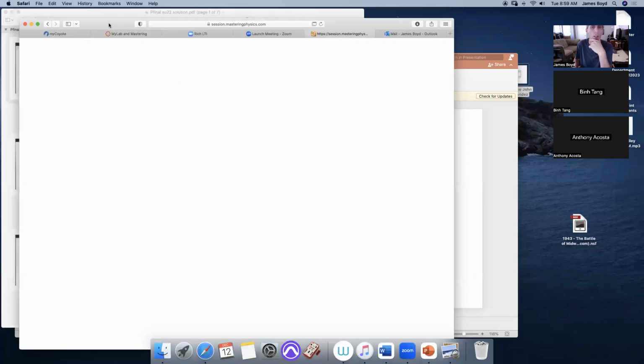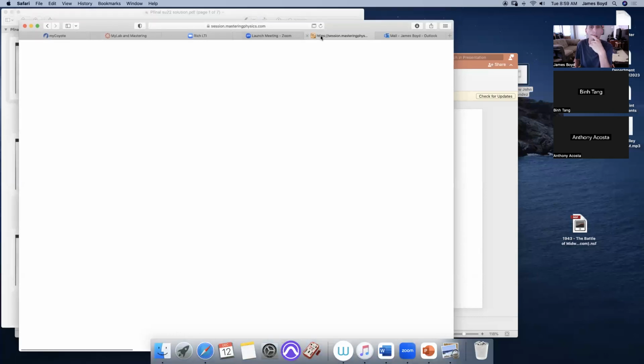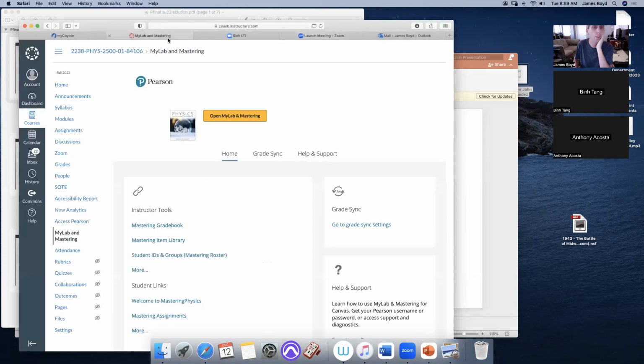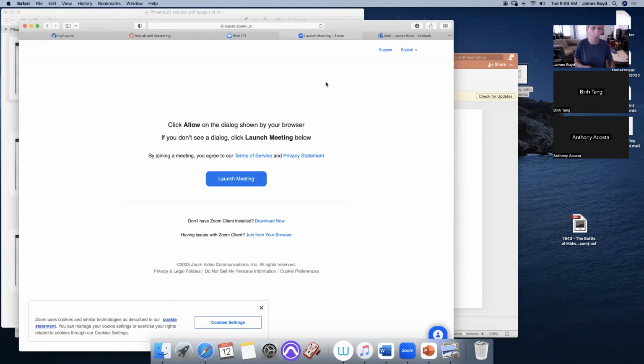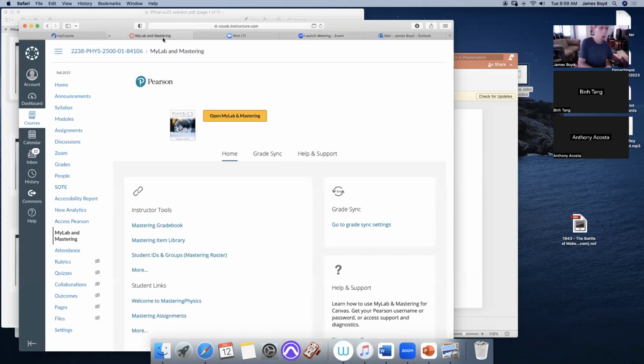Why does it not want to open? I can open it on my other computer.